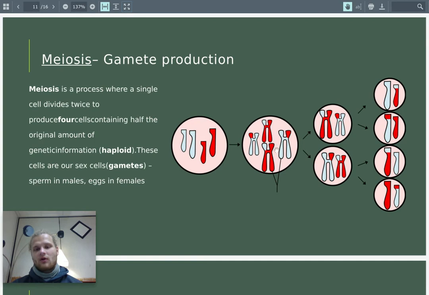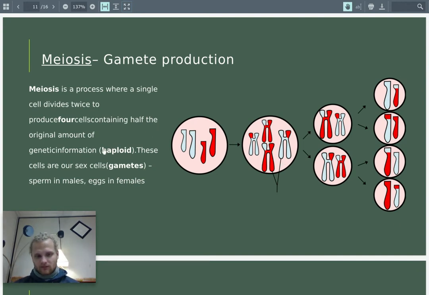We're going to cross over a bit so we get different combinations of each, so we don't pass on grandma and grandpa's genes identically. We just take parts of each, and then we're going to split them until we have half of what you need to make a human.